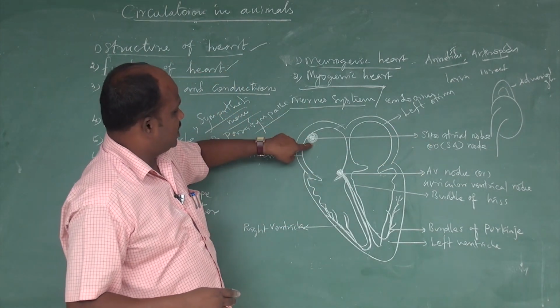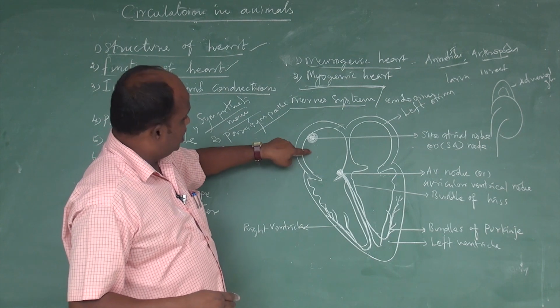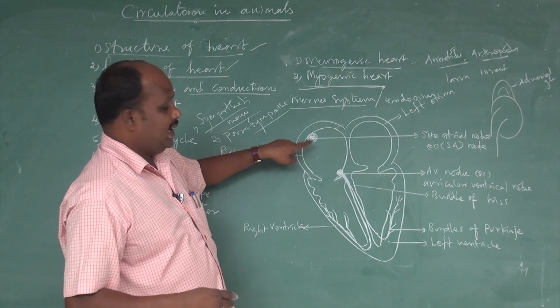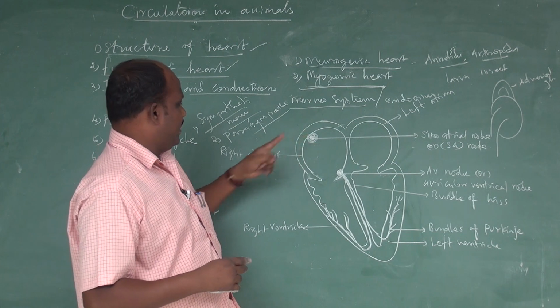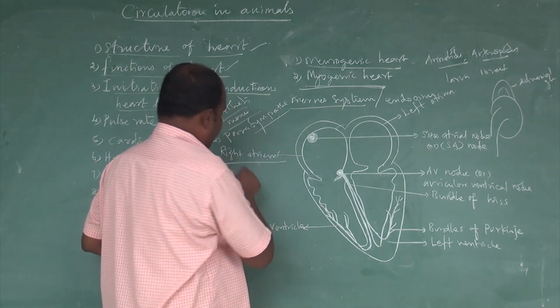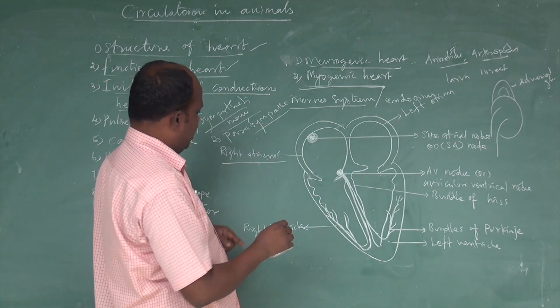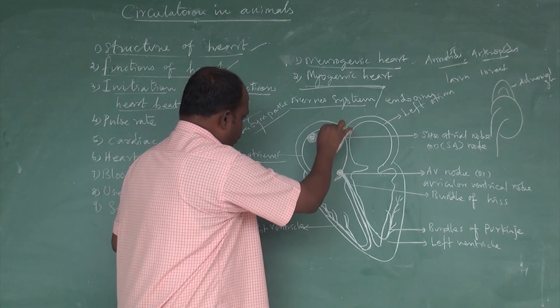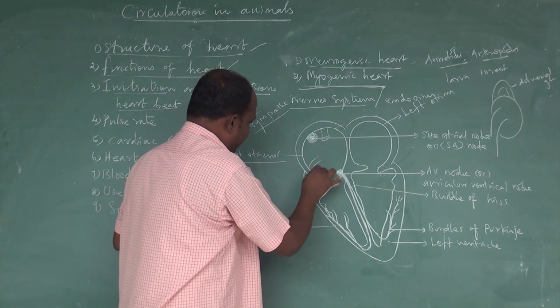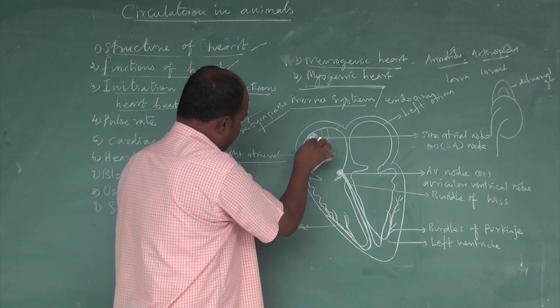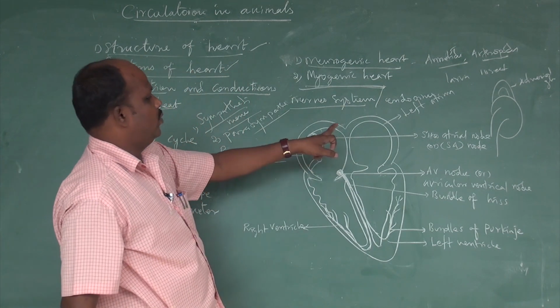The sinoatrial node is located in the right upper chamber, the right atrium, in the small space between the superior vena cava and the inferior vena cava.